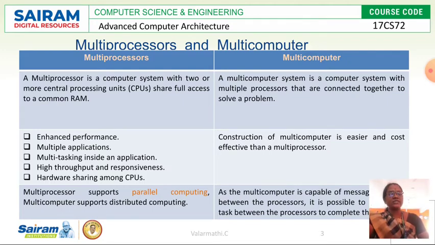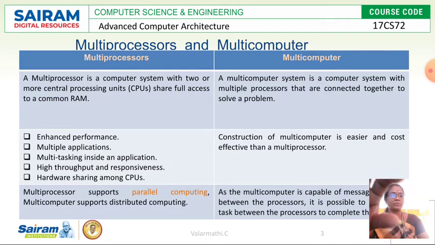The construction of a multicomputer is easier and more cost effective than a multiprocessor, because processors are of high cost. Building a multiprocessor system costs more, but a multicomputer system costs less. As for applications, a multiprocessor supports parallel computing, while a multicomputer supports distributed computing.